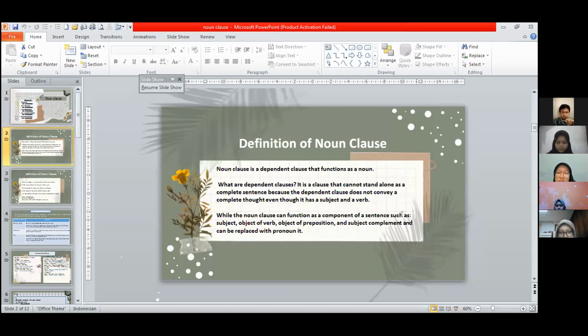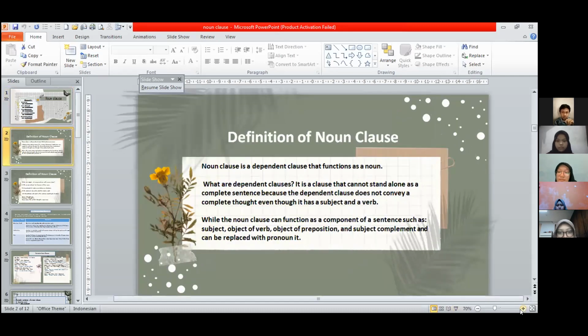Definition of noun clause. A noun clause is a dependent clause that functions as a noun. What are dependent clauses? It is a clause that cannot stand alone as a complete sentence because the dependent clause does not convey a complete thought even though it has a subject and a verb.